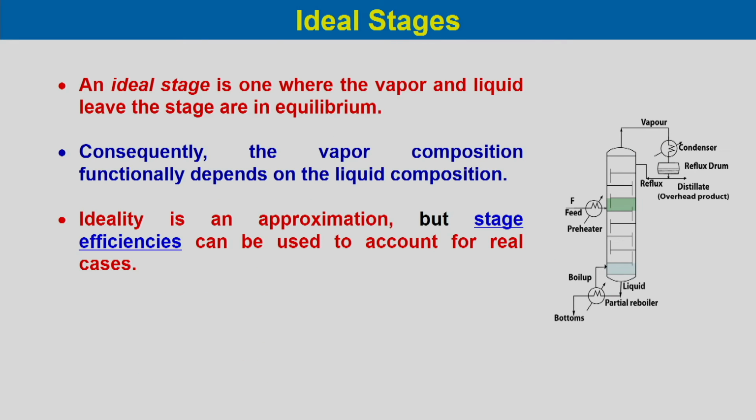Now, we will consider ideal stages. An ideal stage is one where the vapor and liquid leaving the stage are in equilibrium. As we said earlier, for any tray a liquid level is maintained and the vapor from the bottom goes through the perforations of the plates, and there are different plate designs we have already discussed.